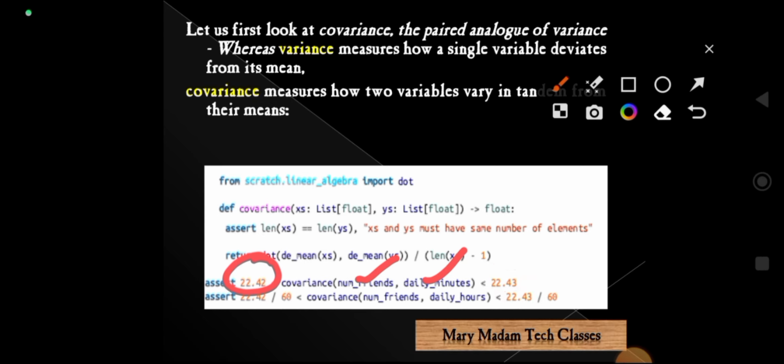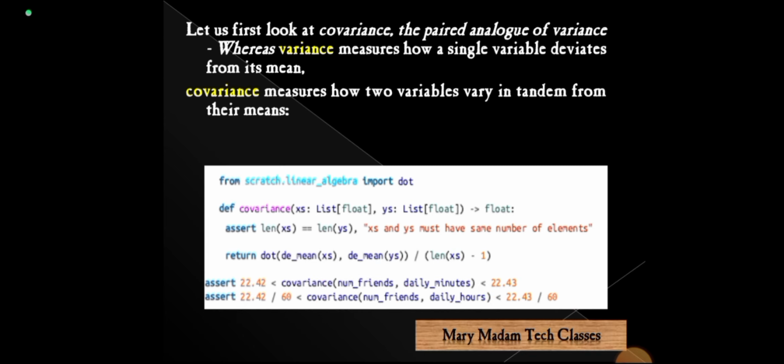And if it is the covariance of number of friends and daily hours, if we calculate this one, it will come between 22.42 by 60 and 22.43 by 60.